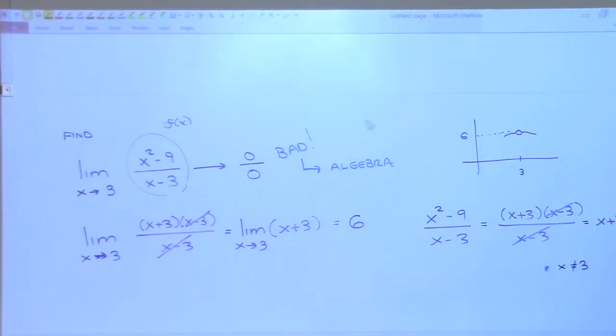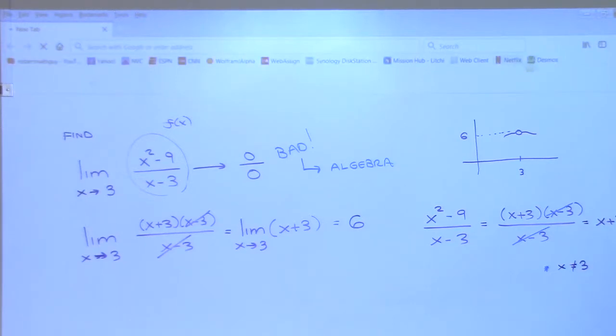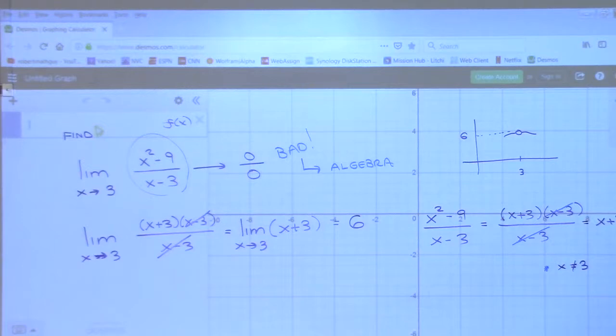And if you don't believe this, then you can go to your favorite graphing software. I've been using a thing called Desmos. And you can just type in the function. It was x squared minus 9 over x minus 3, right?